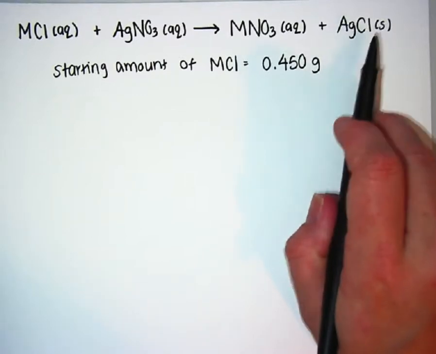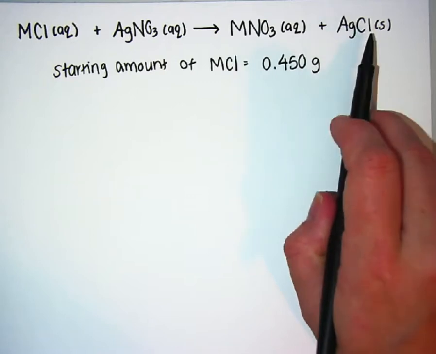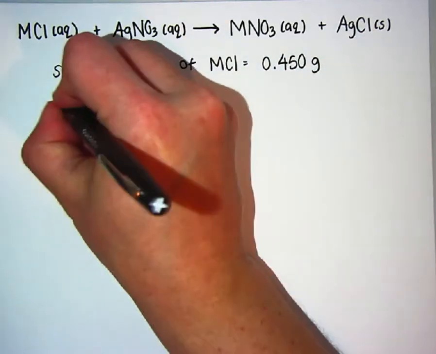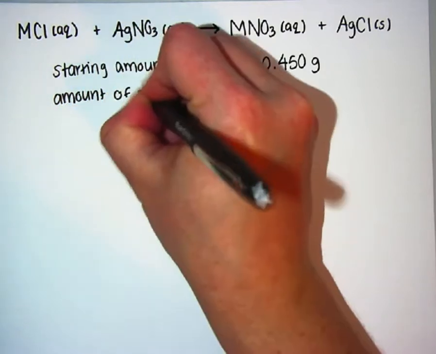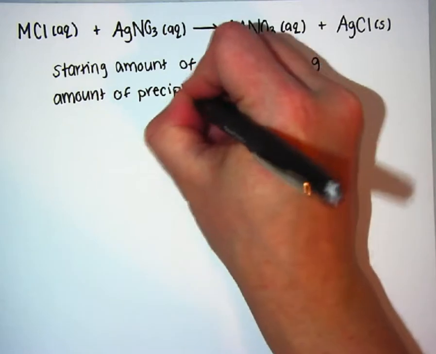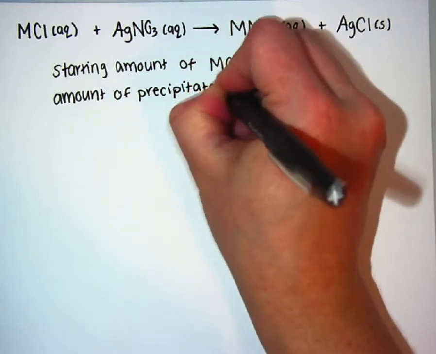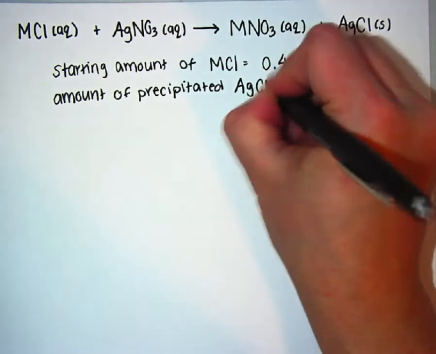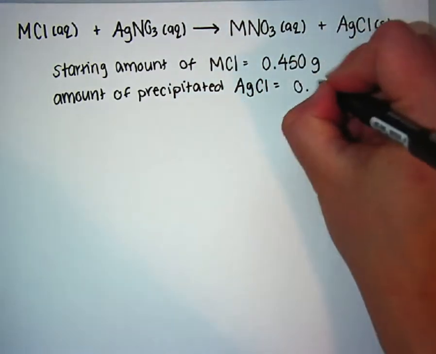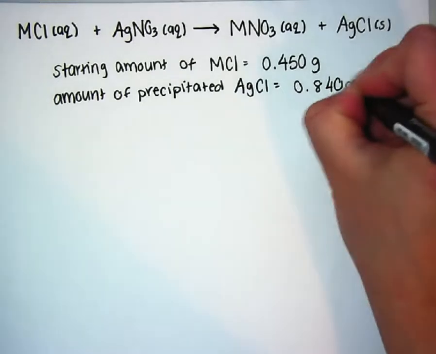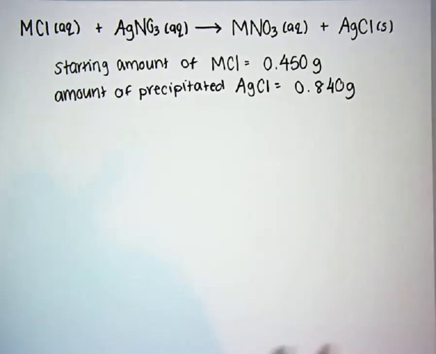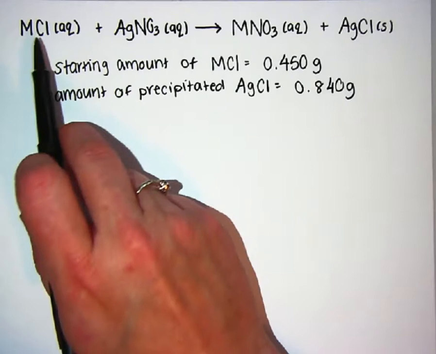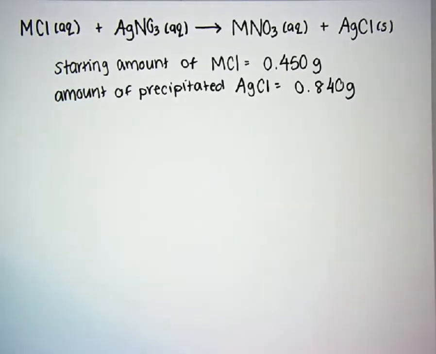So we can filter out the solid, dry it, weigh it, and get a mass of silver chloride. Let's say that mass was 0.840 grams. So we're going to do the same thing. We are going to try to identify the unknown metal based on the molar mass.